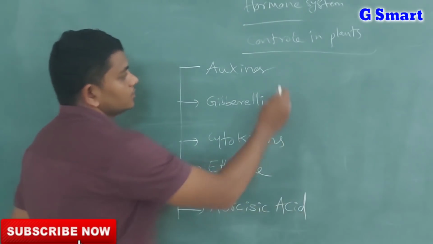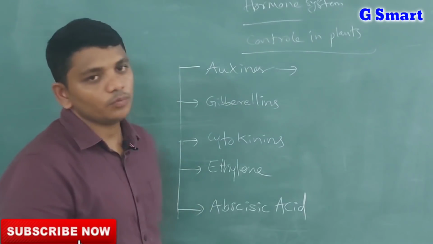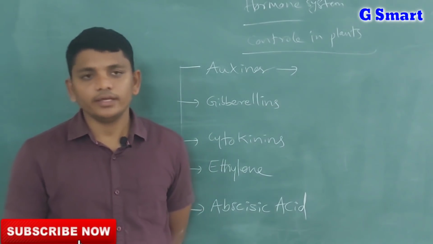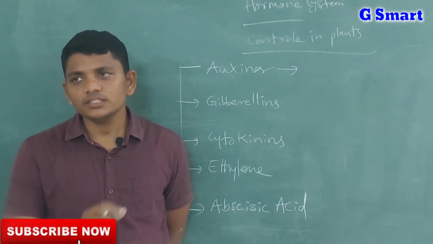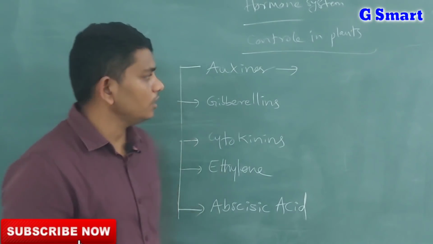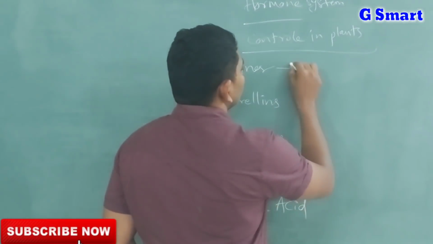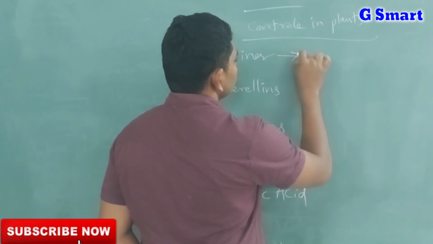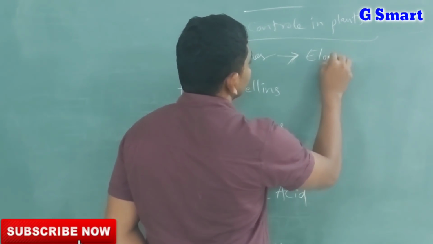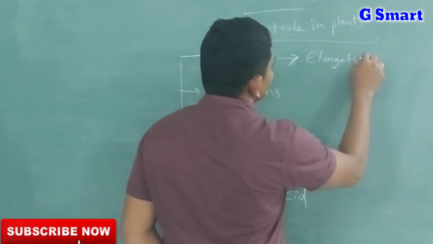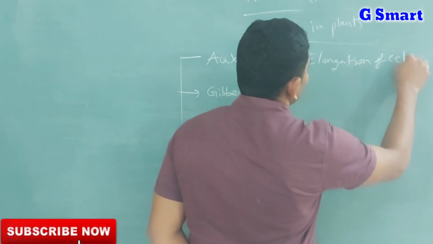Auxins are hormones released by the plants, and they are responsible for the promotion of elongation of cells.